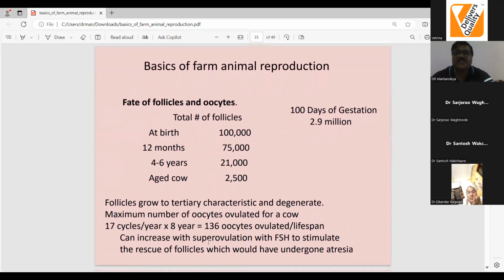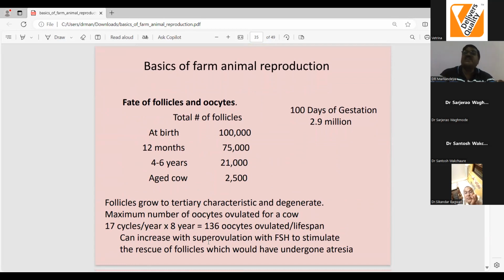I have already told that there are something like 1,25,000 follicles at the time of birth. At the time of puberty, it starts recruiting the follicles, selecting 8 to 10, 8 to 10 like this, in case of cows and buffalo. In sheep and goats, the story is not so different, because once the stock of follicles is exhausted, the animal is senile.